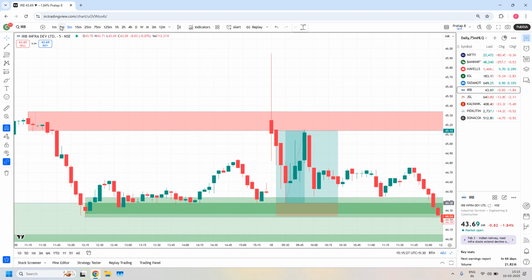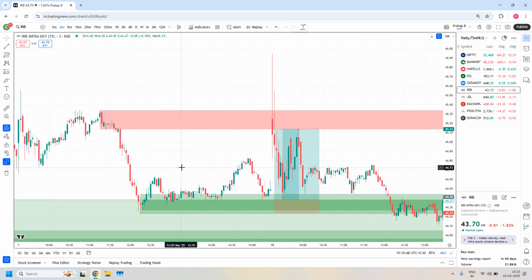I went to the 3 minutes time frame. What is the advantage of 3 minutes? Sometimes the risk might be a little reduced. That is one advantage. And we get clarity about the actual order flow, because 3 minutes can be used as a supplement to the 5 minute zone. So let's go to the 3 minutes time frame.